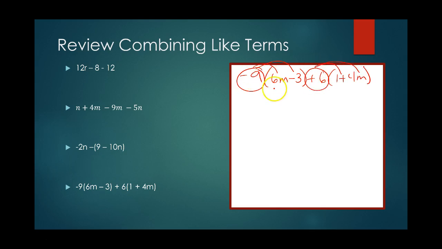So negative 9 times 6 is 54m. Negative 9 times a negative 3 gives you a positive 27. And then roll right into the second. A positive 6 times 1 is a positive 6. A positive 6 times a positive 4m is a positive 24m.